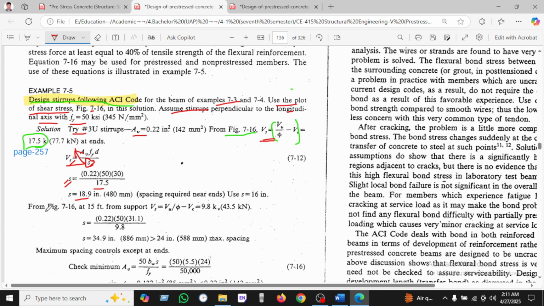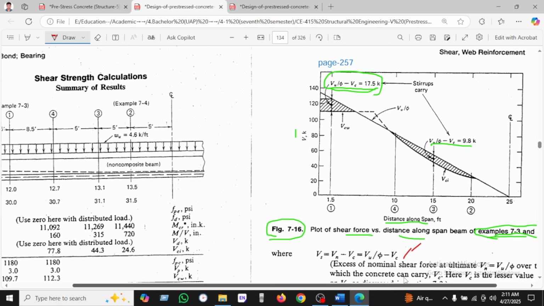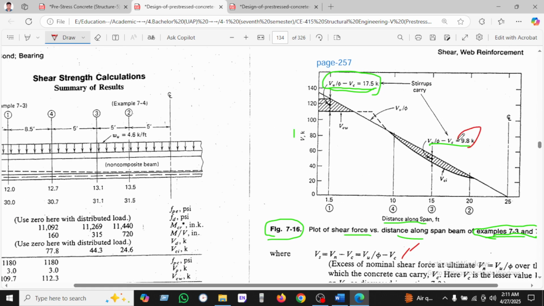And another, we can see from the support, which is given, Vcu 9.8 is also given in here. From there we're taking 9.8, this is the 9.8, and from section A at 15 feet, the distance given is 15 feet.